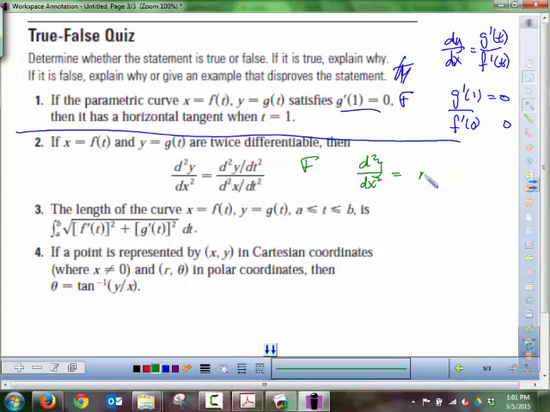It's not this, so it's false. Well, you probably should write the actual equation because you will have it in your notes, right? So this is also false.